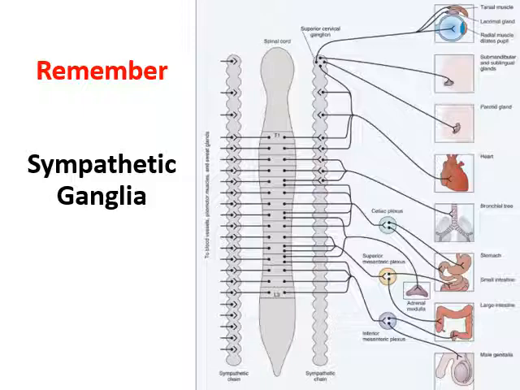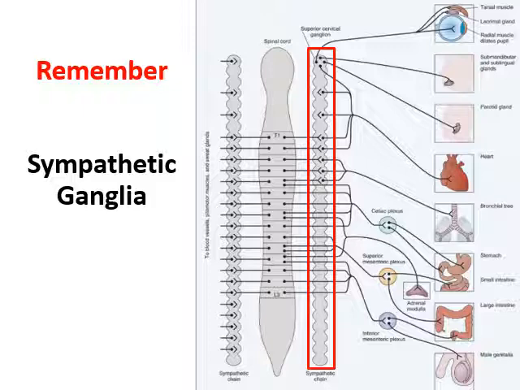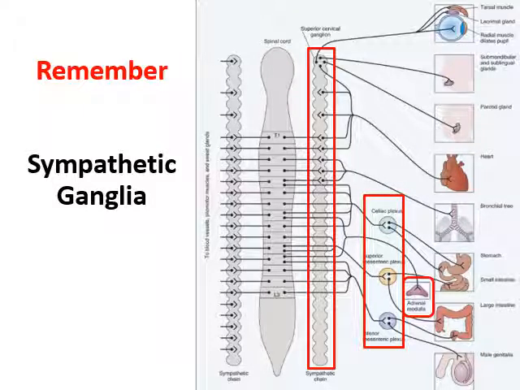Also remember that the sympathetic preganglionic fibers relay at ganglia that are situated away from the effector organs: the paravertebral, which is the sympathetic chain, the collateral, and the modified ganglion, which is the adrenal medulla. Such an arrangement permits marked divergence and spread of the sympathetic impulses, leading to generalized sympathetic function. And this is beneficial during emergency conditions.